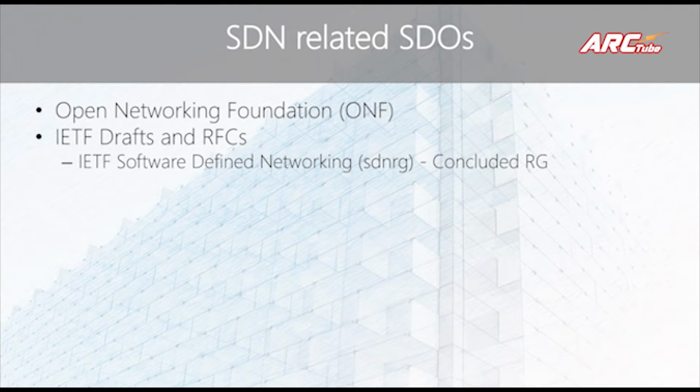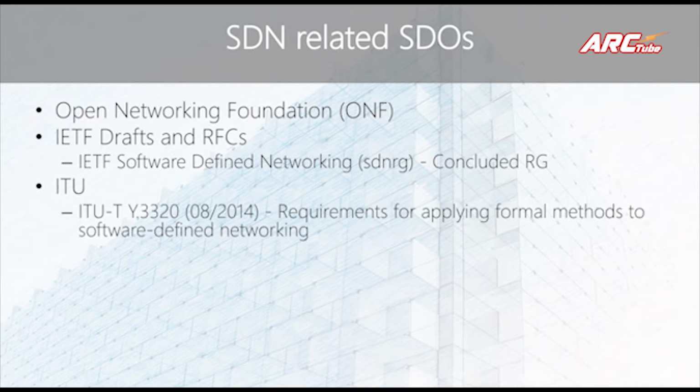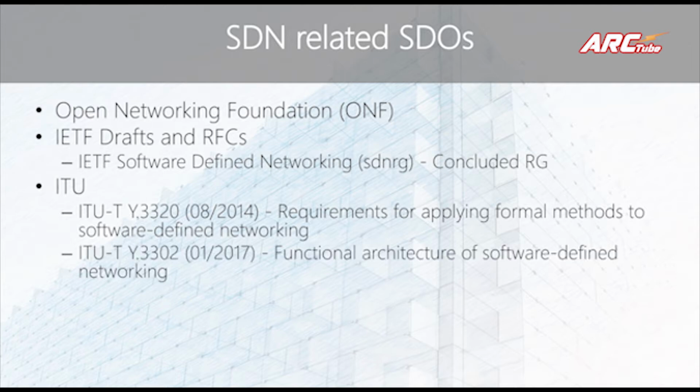And then we have ITU, or International Telecommunications Union, where we have multiple standards like ITU-T Y.3320, which was released in 2014, which discusses requirements for applying formal methods to software defined networking. Then we have another ITU-T standard, Y.3302, which was released in 2017, about functional architecture of software defined networking.